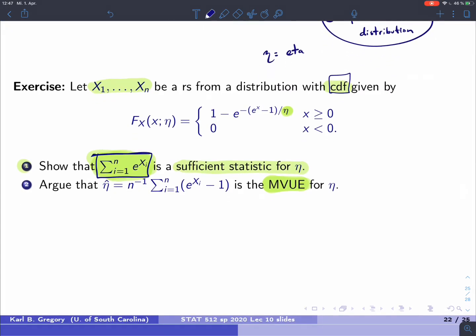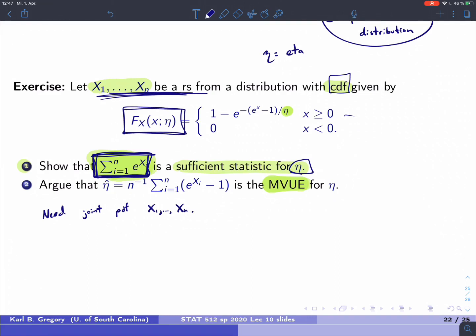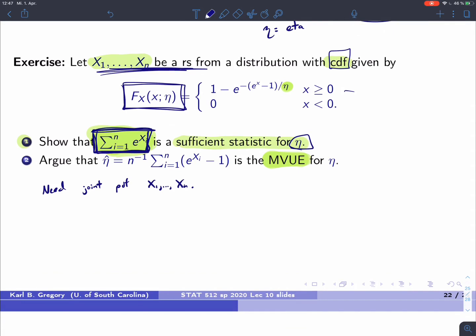In order to use the factorization theorem to show that this is a sufficient statistic for eta, we need the joint PDF. These are continuous random variables because this is a continuous function. We need the joint PDF of x1 through xn, which means I'm going to need to get the PDF which corresponds to this CDF. So first of all, let's just try to get that.